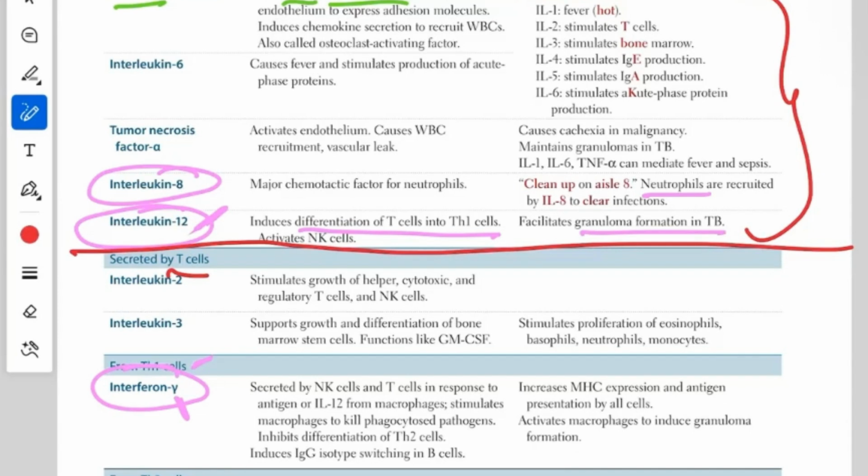The ones from your innate, the macrophage, we have interleukin 1, 6, and tumor necrosis factor alpha. Those three almost always go together. They stimulate all the problems, all the side effects of fever and sepsis, acute phase reaction, leukocytosis, insulin resistance, cachexia, and all of that.